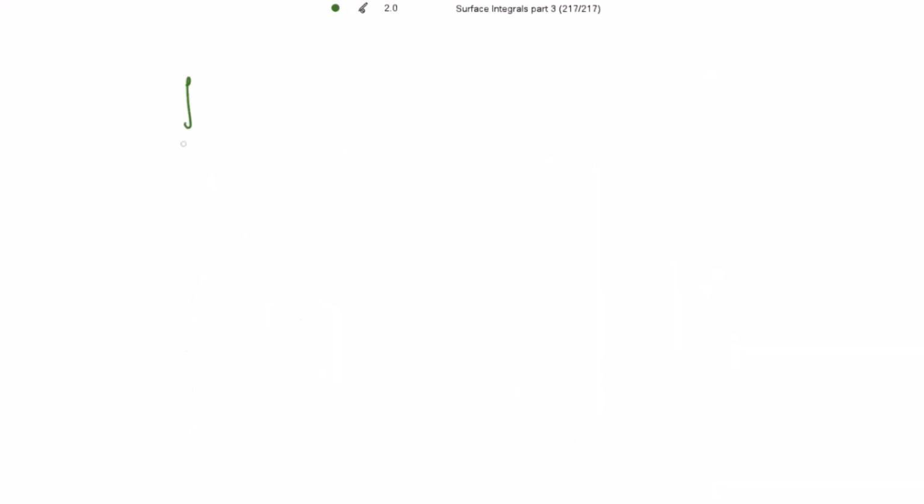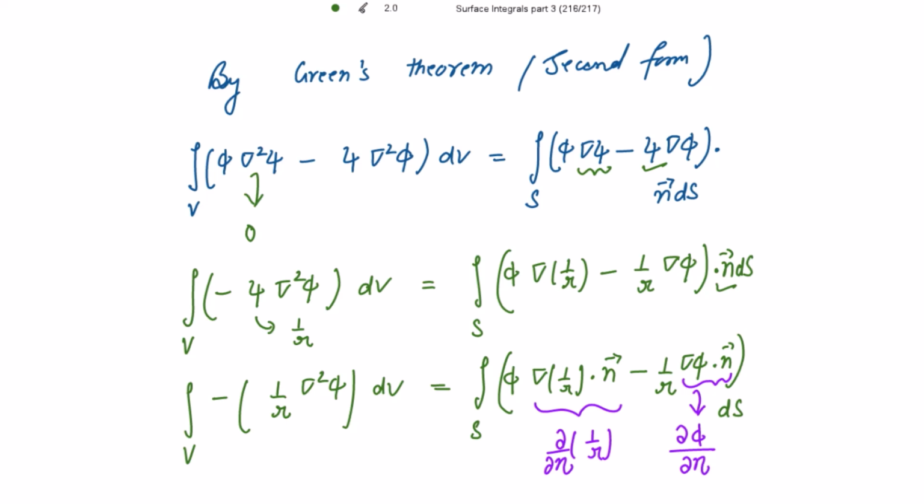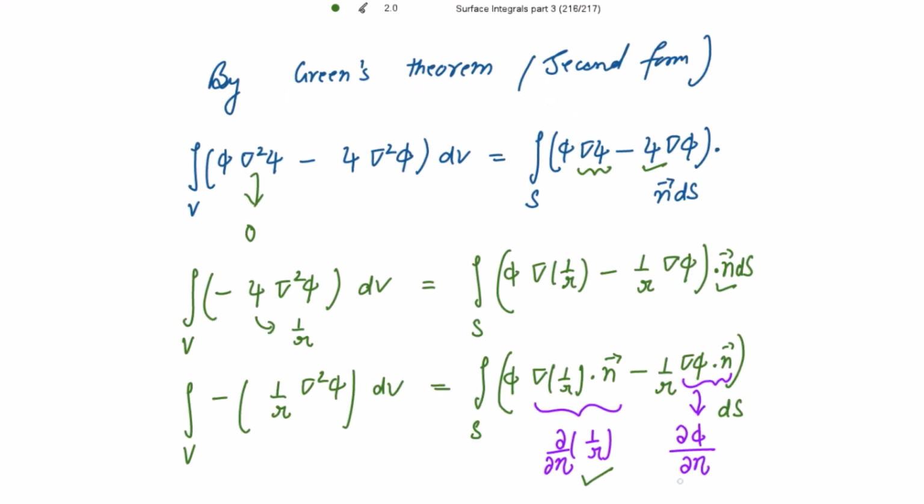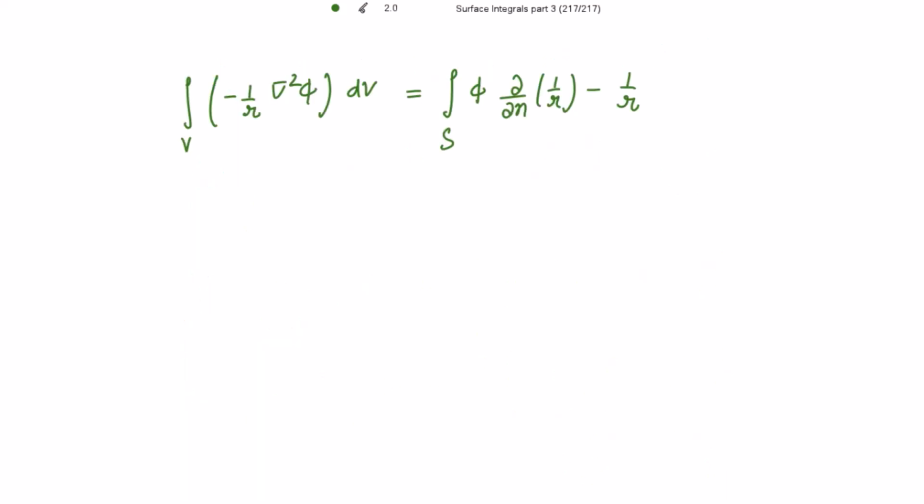So on the left hand side we are having the volume integral of minus 1 divided by r del square phi dv equal to the surface integral of phi, the partial derivative of 1 by r with respect to n, minus 1 by r into the partial derivative of phi with respect to n ds.